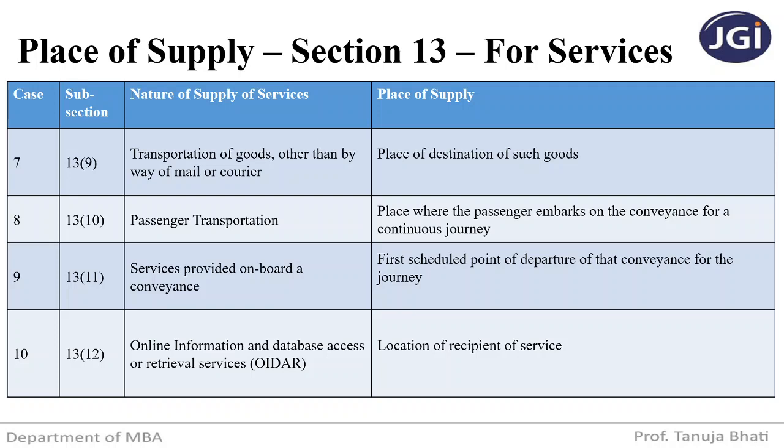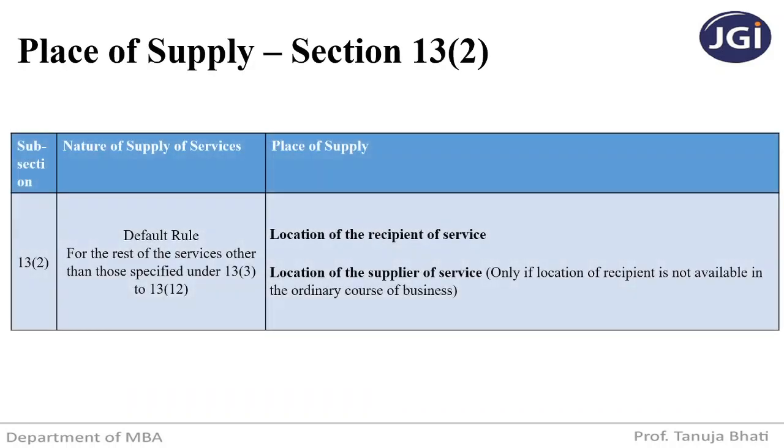If none of the services are covered, then you need to apply this by default. What does the default rule say? For the rest of the services other than those specified under section 13 subsection 3 to section 13 subsection 12, what is going to be the place of supply? Location of the recipient of the service.